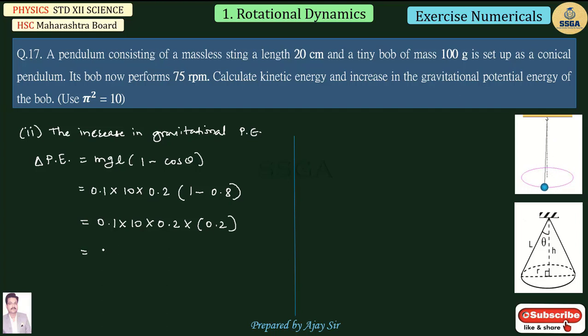So after solving we will get 0.04 joule. So this is the change in gravitational potential energy. This is the first example, that is question number 17 of today's video. Now let us solve the next question, that is question number 18.